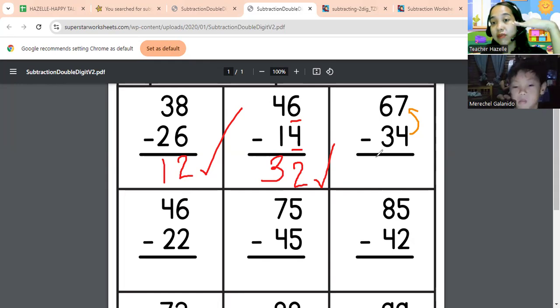You're taking away the number. So from 4, what is the next number to 4? From 4, Ivan. 4, 5, 6, 7. Okay, what is the answer?